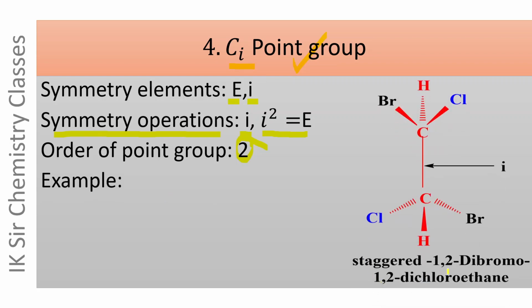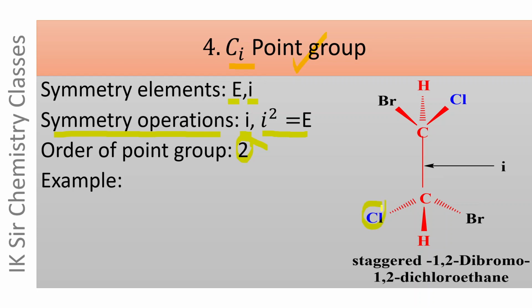It is a staggered 1,2-dibromo-1,2-dichloroethane, which contains a center of symmetry at the midpoint of carbon-carbon bond. This is Cl atom.